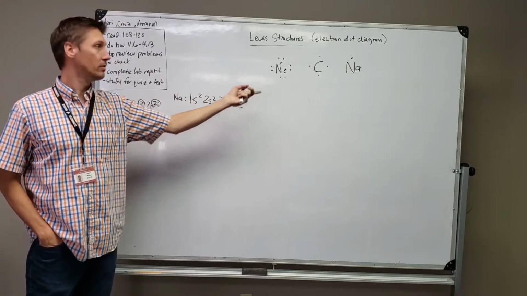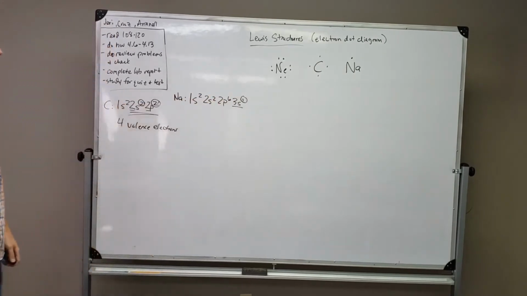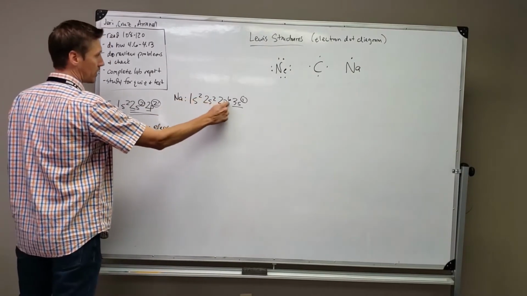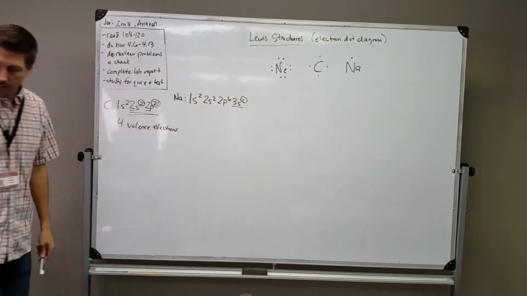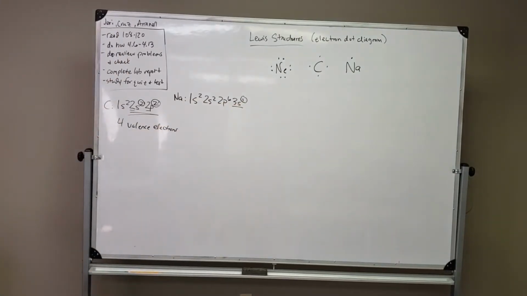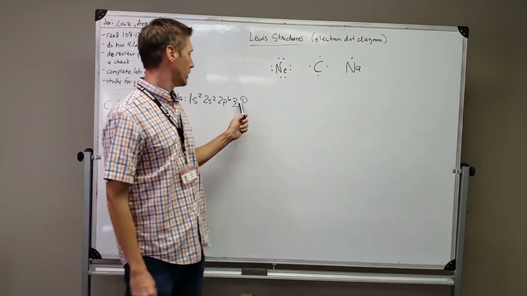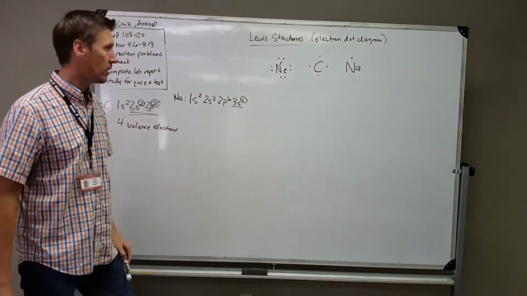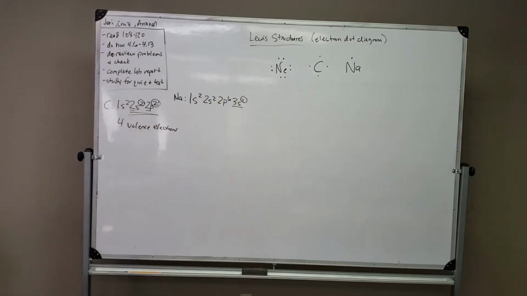You would add this up and say 2 plus 2 is 4, plus 6 is 10, plus 1 is 11. I look at the periodic table. That's element sodium, Na, which has the atomic number of 11, and it only has 1 electron in its outermost energy level.